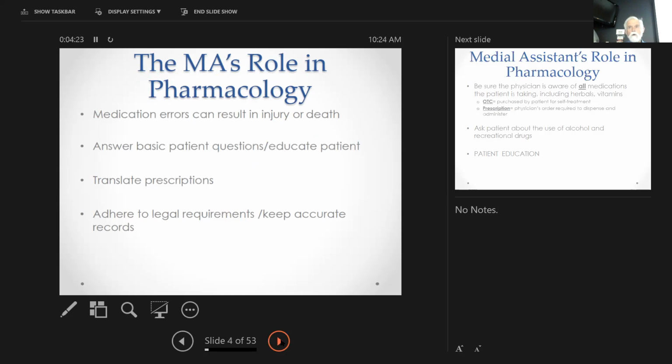The errors can arise from prescribing the wrong drug. There are many drugs that have similar names. So prescribing the wrong drug, prescribing the wrong amount, prescribing the wrong route of administration. You know, there are many routes of administration.